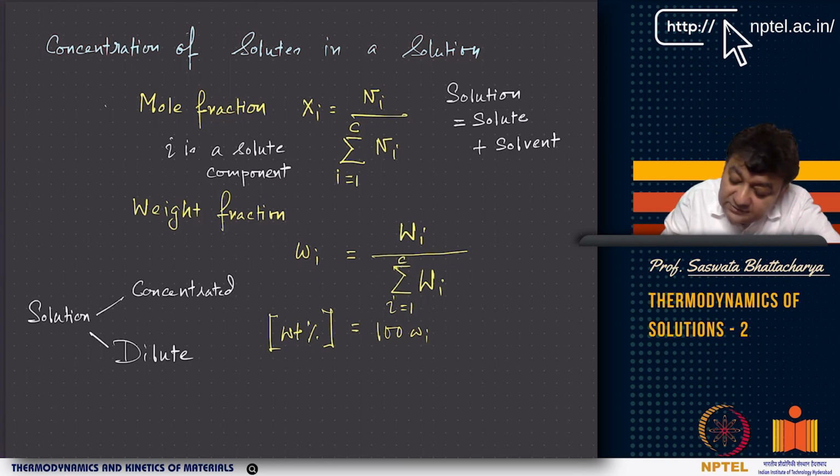So the summation includes all the solute components plus the solvent component, and you can call it N. Ni by N is nothing but the mole fraction Xi of the solute, right? So mole fraction Xi of the solute is one way of quantifying solute.